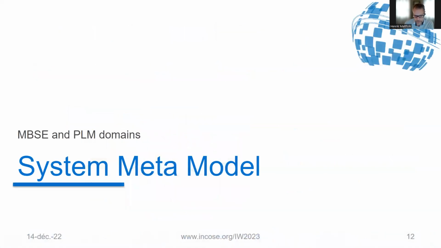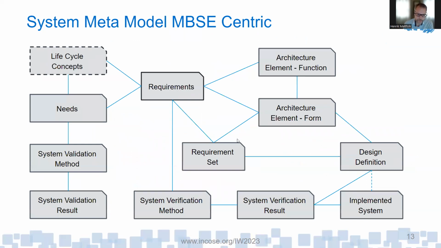This is an example of a meta model that we use. Pretty straightforward. It's not complete, but just to make a point here. I'm saying this is MBSE centric, so maybe it applies an abstraction that makes sense for systems engineers.